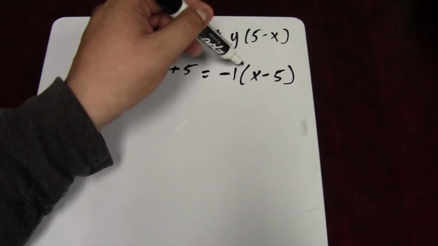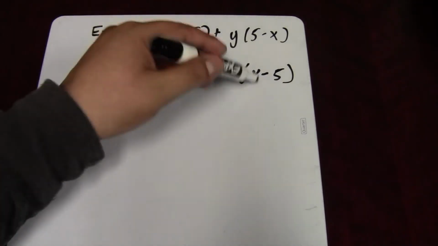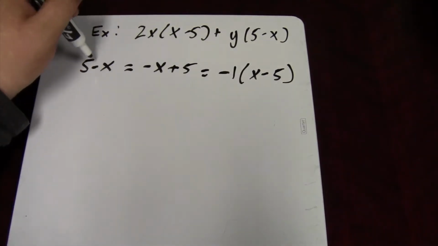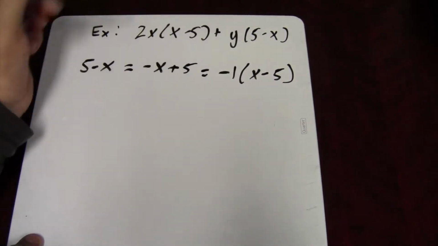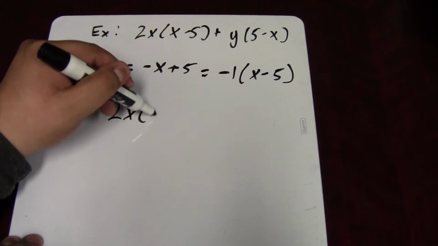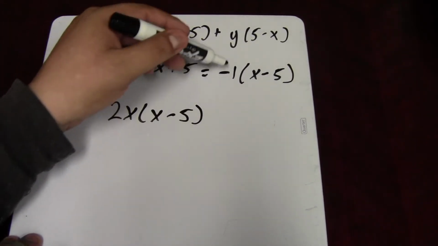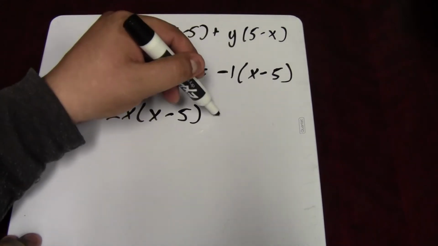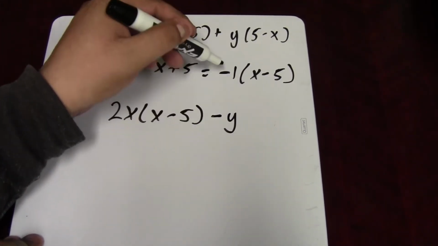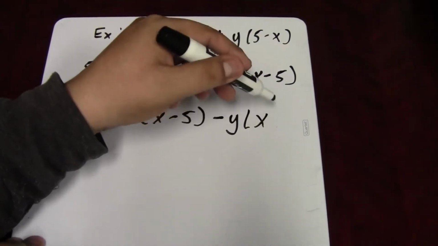And also notice if I distribute this back in, I get the same thing here. But what has that done for us? Well, instead of writing it like this, why don't we write it like this up here? Now, instead of that, I'll have a minus y times 1, which is just y, times x minus 5.